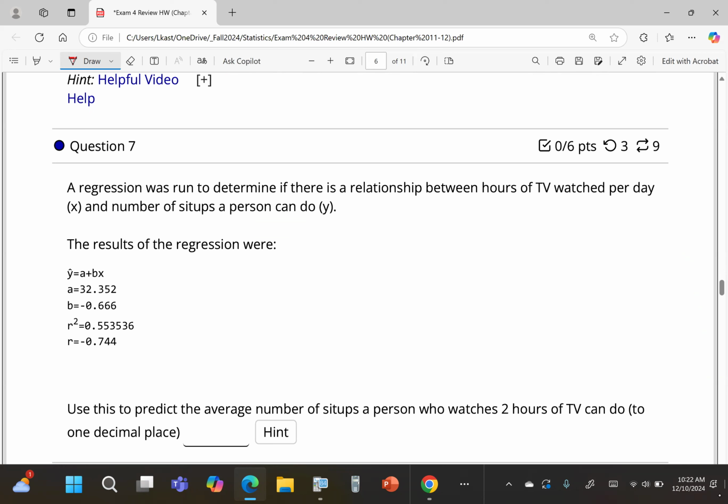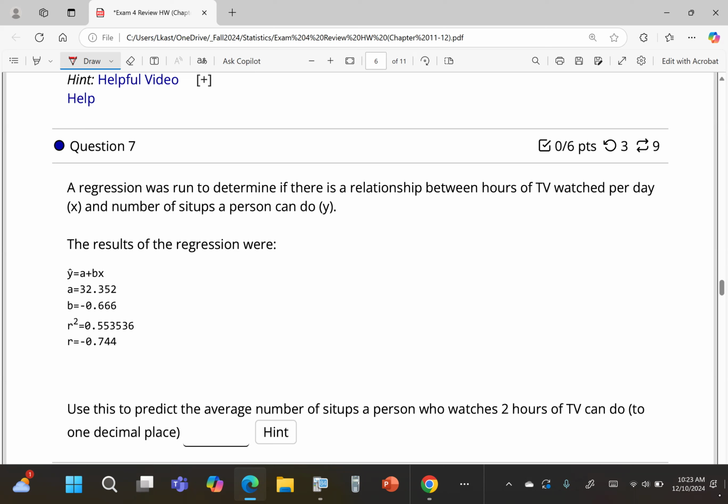A regression was run to determine if there is a relationship between hours of TV watched per day, X, and the number of sit-ups a person can do, Y. The results of the regression equation were Y hat equals A plus BX.